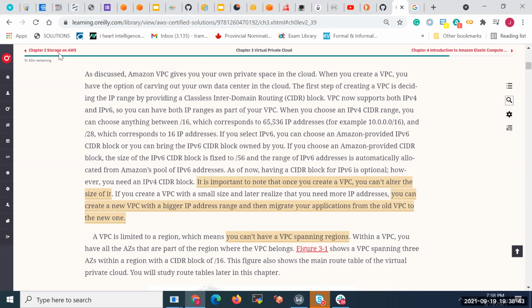So why is that? What does it mean to create a VPC with a small size? The size of your VPC is determined by the IP range provided through the CIDR block. So you can see here, CIDR block, right? The size of your VPC will depend on the CIDR block.